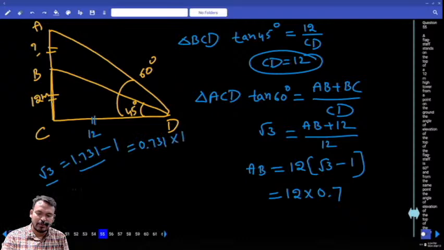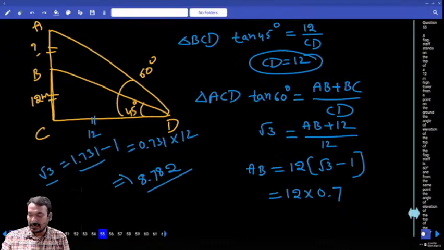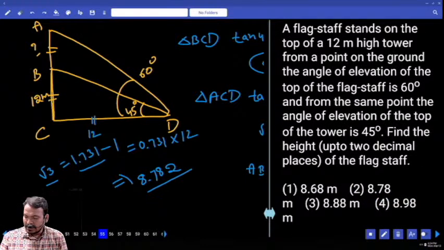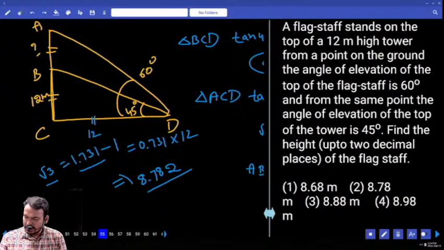It is multiplied by 12. 12 ones are 12, 12 threes are 36, plus 2 is 38, write 8 and carry 3. 12 sevens are 84, plus 3 is 87, so 8.772. What is the nearest value? 8.78. Which option? The second option.